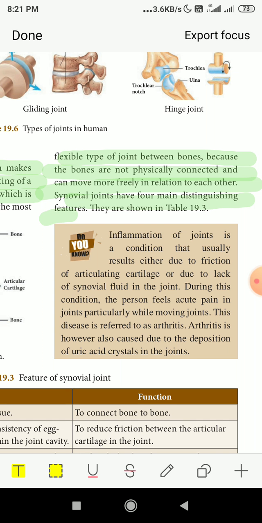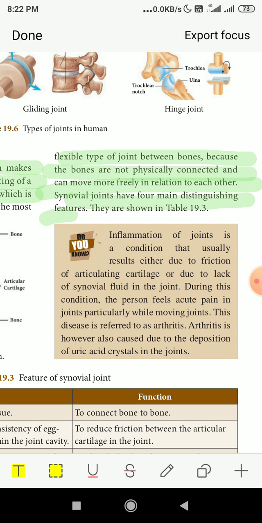So first, do you know? Inflammation of a joint is a condition that usually results either due to friction of articulating cartilages or due to lack of synovial fluid in the joint. You can hear, when they have knee pains, they say the fluid is less. Yes, you can hear from elderly people, when the knee pain comes, they say the fluid is less. That is the synovial fluid being less.